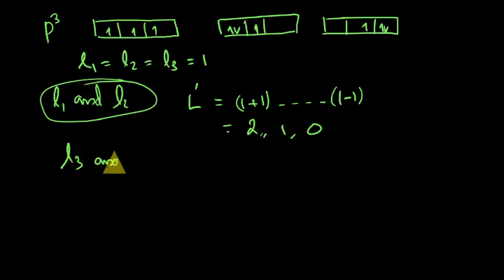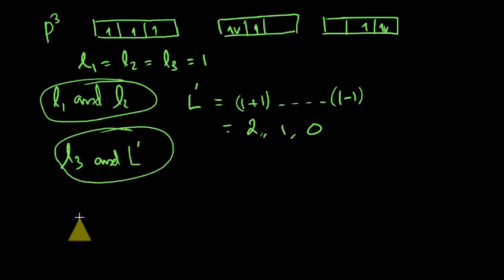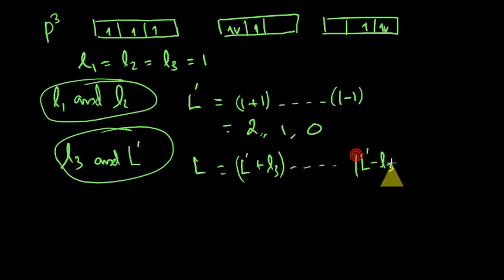L3 and L dash. ഇതാണ് നമ്മൾ ഇനി ചെയ്യാൻ പോകുന്നത്. ഇനി ഇവിടുത്തെ L ഡാഷിൻ്റെ ഓരോ വാല്യൂസും എടുക്കണം. ഓക്കെ. സോ L is equal to L dash plus L3 to L dash minus L3, but we have to take the modulus.